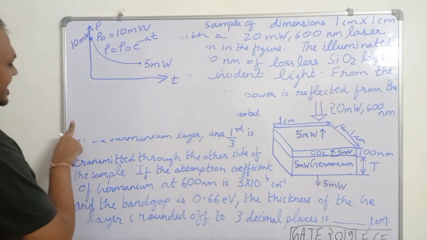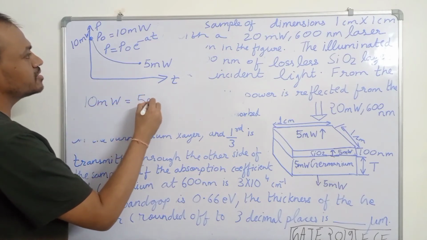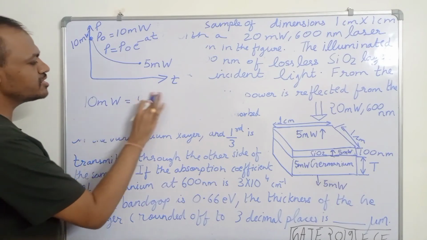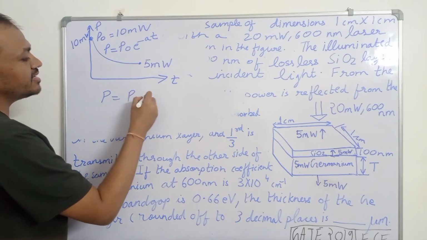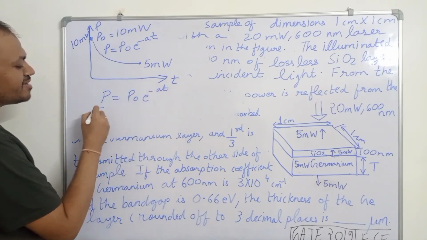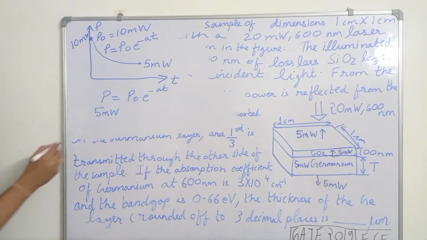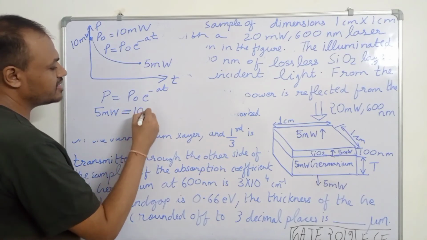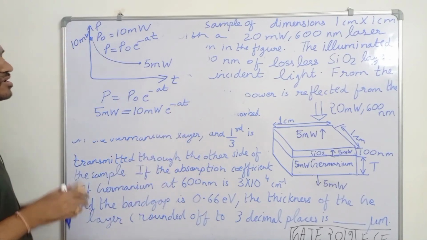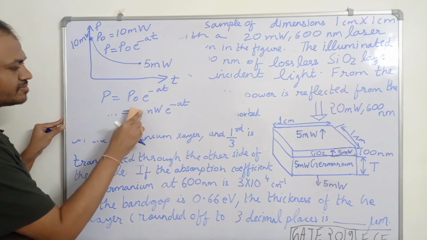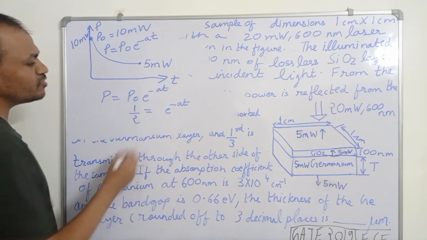So P is 5 milliwatt, P naught is 10 milliwatt, e to the power minus alpha t. So 1 upon 2 equal to e to the power minus alpha t.